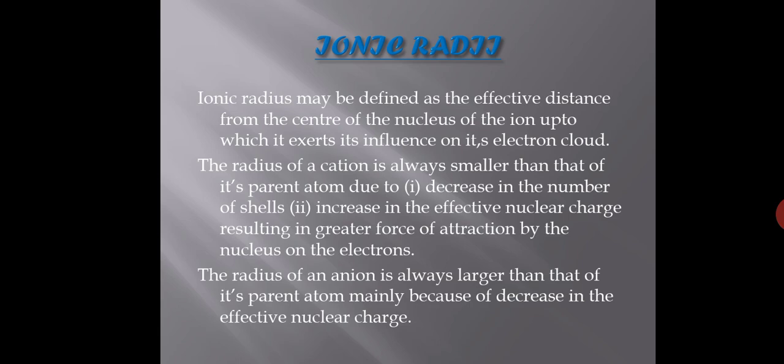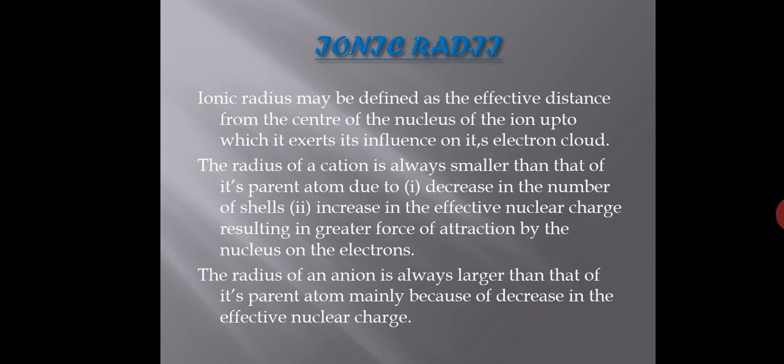So the nuclear charge does not play a role here, meaning the attractive force is decreasing. The nuclear charge attracts the electrons, so the attractive force decreases and the repulsive force increases. Due to the increase in repulsive forces, the ionic size increases. So the size of an anion is always larger than that of its corresponding neutral atom.